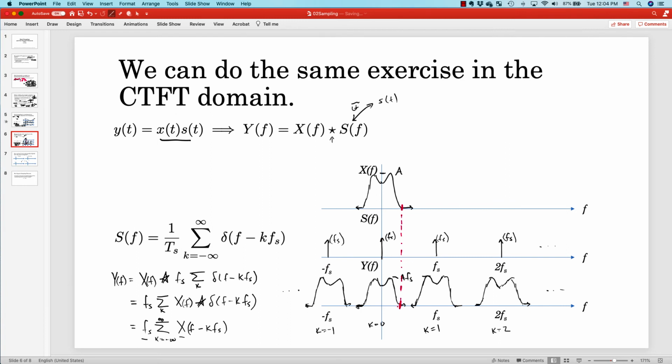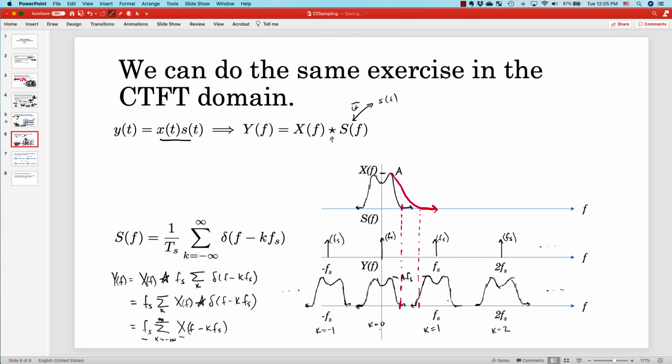Can you see that? That if I had been a little sloppier, if I had drawn something like that, which then leveled out, then all of a sudden the copy to the left would be kind of interfering with the copy to the right. And that is the essence of the Nyquist sampling theorem.